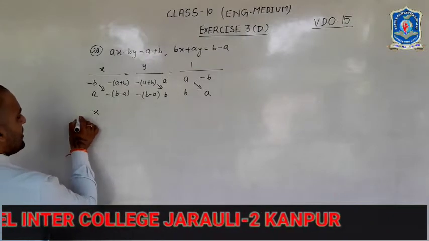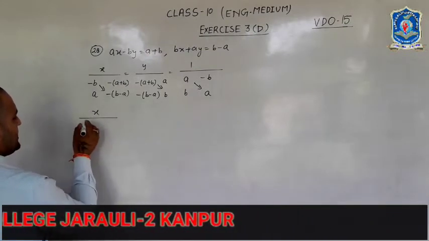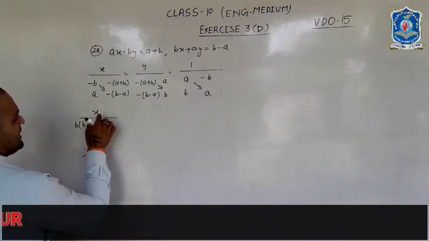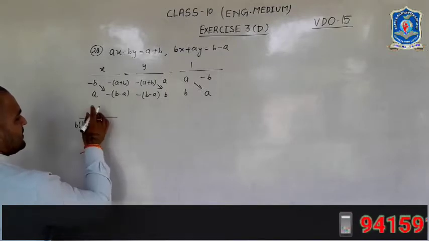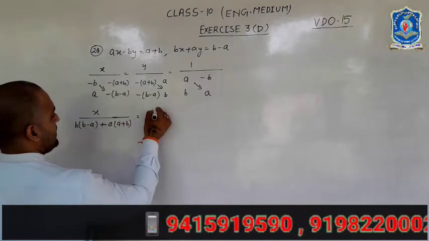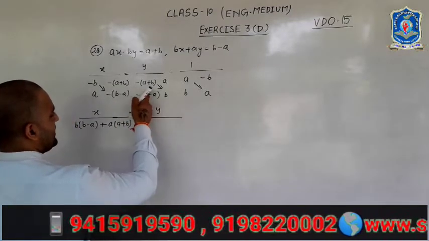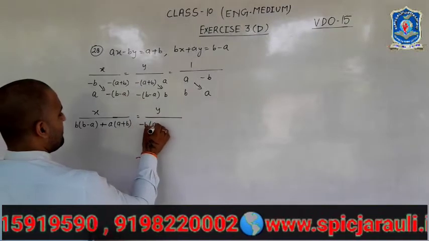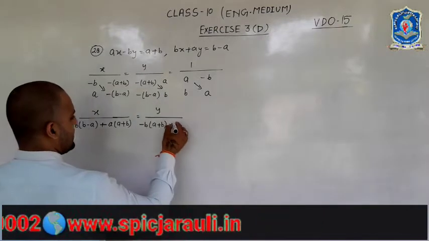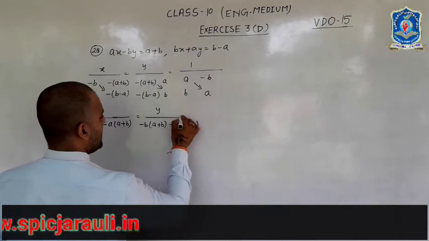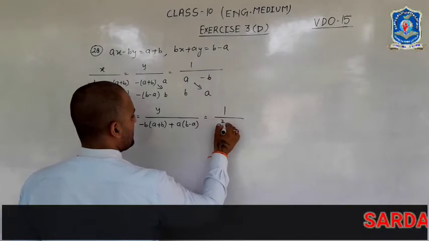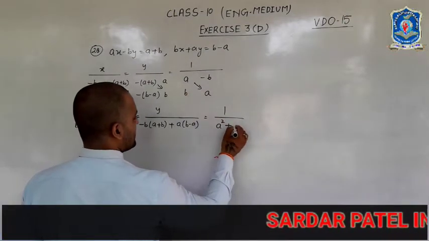This will be x upon minus minus plus b, b minus a, minus, that is plus a plus b. For y upon, it is minus b, a plus b, minus, that minus will be plus, a b minus a. And here 1 upon a square plus b square.